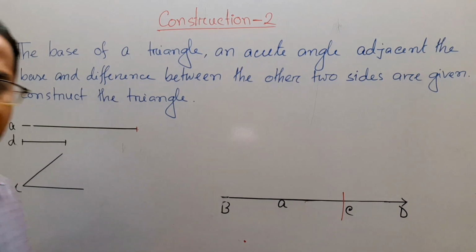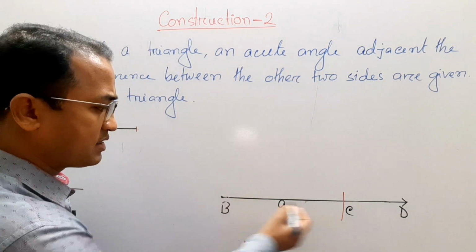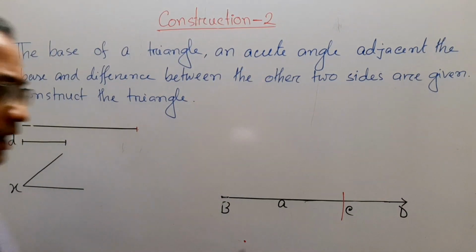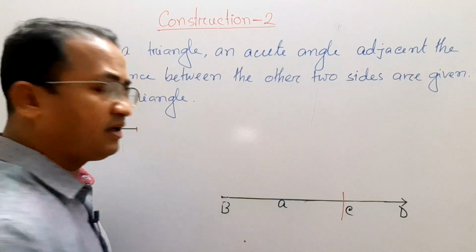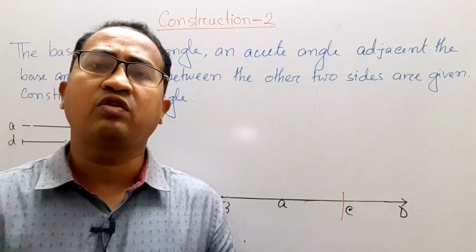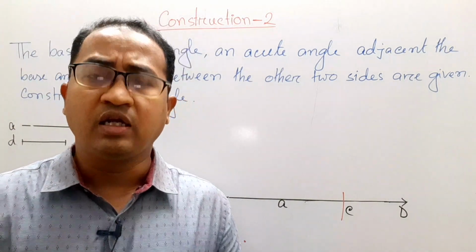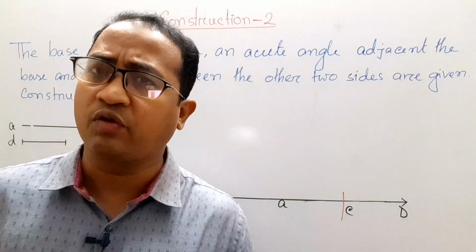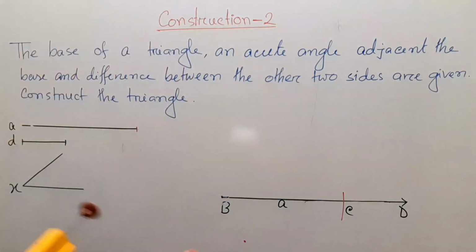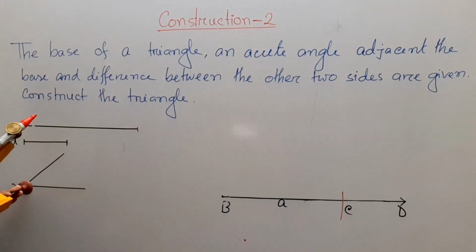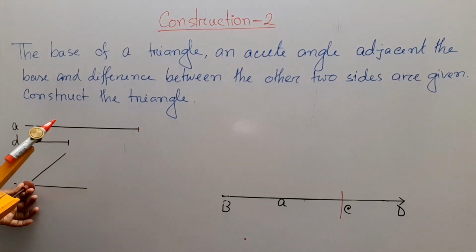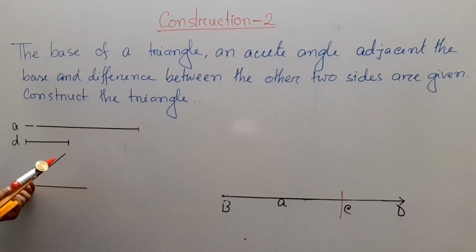Now at the point B, we will draw an angle CBE equal to X. How can you draw an angle equal to an angle? You have learned this in previous classes, so I think you can do this yourself, but I will show it again. Look, centering the vertex with any suitable radius, we draw an arc.